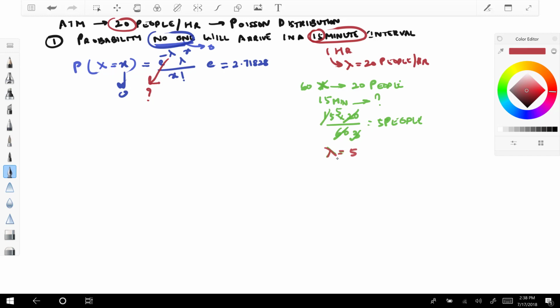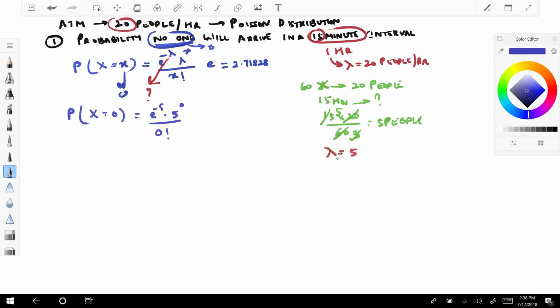So P of capital X equal to 0 is e power minus lambda, e power minus 5, times 5 power 0, divided by 0 factorial.